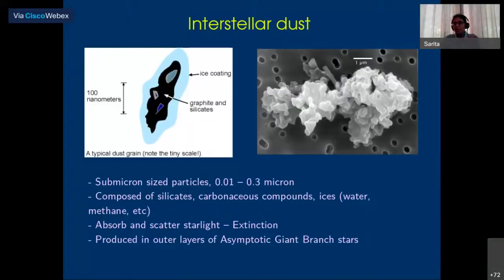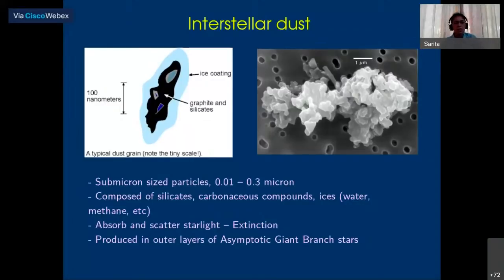Whether you are seeing absorption lines in the spectrum of stars or absorption because of interstellar dust, they have unique fingerprints related to the composition of the atoms or the dust. Atoms are of course in the gas phase, whereas dust is in the solid phase, so they show different signatures.